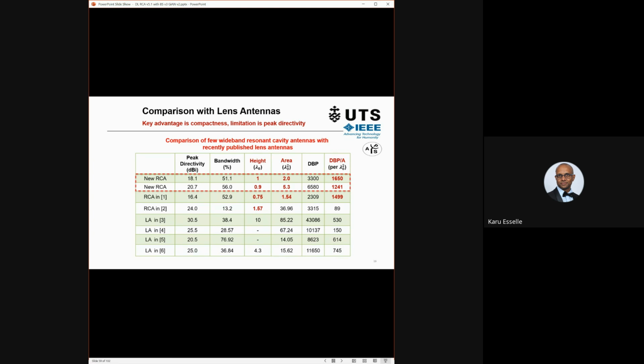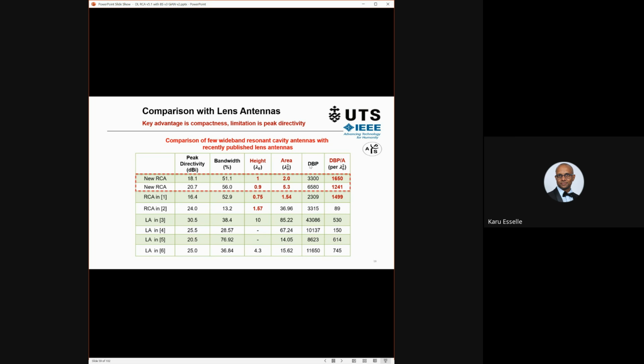Bandwidth also, you can get better bandwidth if you want. So if you have a volume, if you can have very high height and area, then you can get better performance using lenses. But if you have limited height and area, limited volume, the resonant cavity antennas are much better.